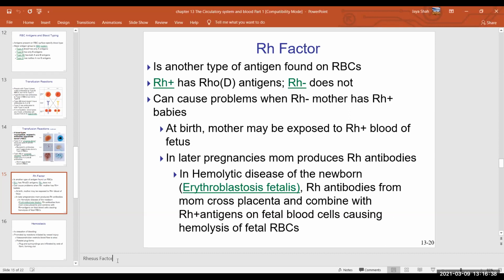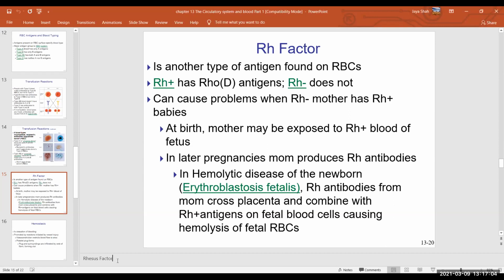But if the baby is Rh positive, the first baby, the fetus is Rh positive, what will happen? That is not compatible with the mother's antigens. But the fetus is protected by the placenta. So there is no mixing of blood from the fetus to the mother. Are you following me?